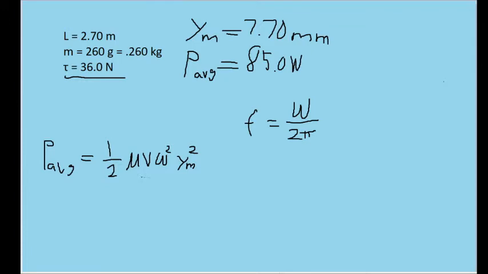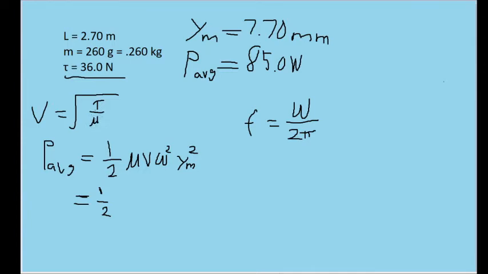Before we go on, let's rewrite this a bit so that the velocity formula is gone, and it's written more clearly in terms of numbers we have. We know that the velocity of a wave is equal to the square root of the tension divided by the linear string density.